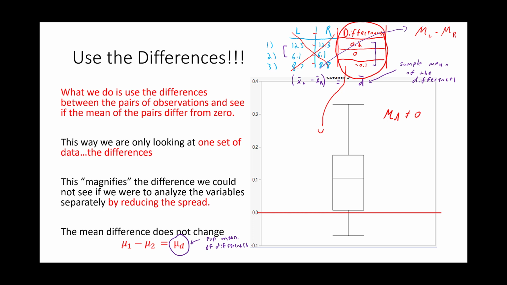Because if we remember, when the difference between your population means differs from 0, that represents a difference in means. One of the means is bigger than the other. Now, if mu-d is different from 0, because they equal the same exact value, we can use this singular set of data to see if one of our means is bigger than the other. And it's going to be easier when looking at paired data because it will reduce your spread, or can reduce your spread.